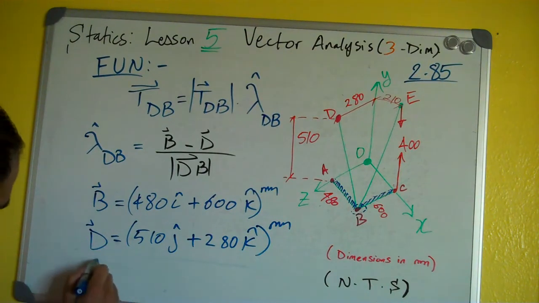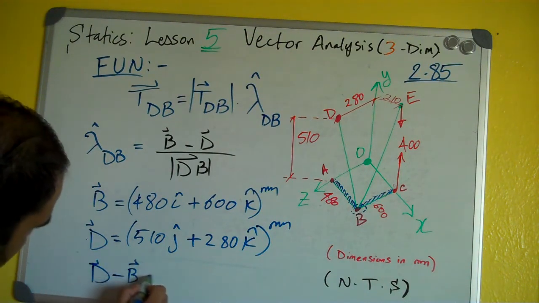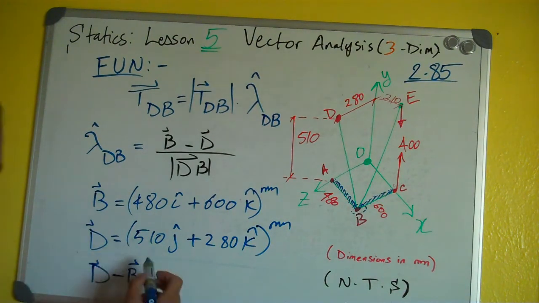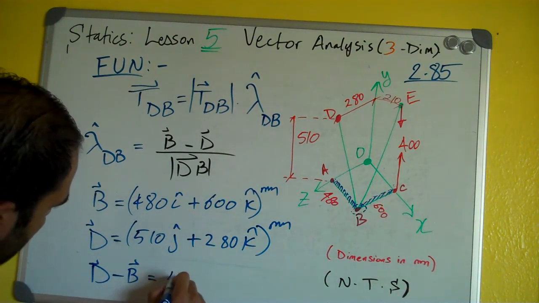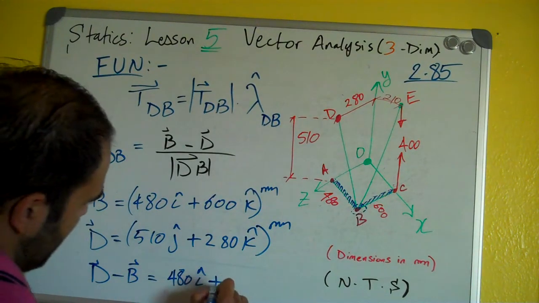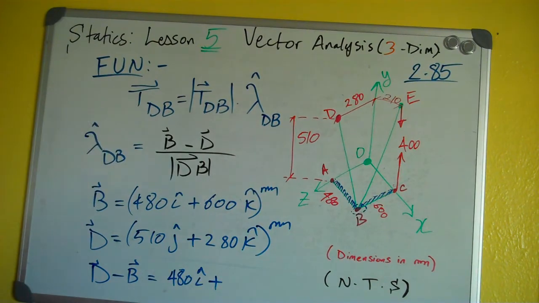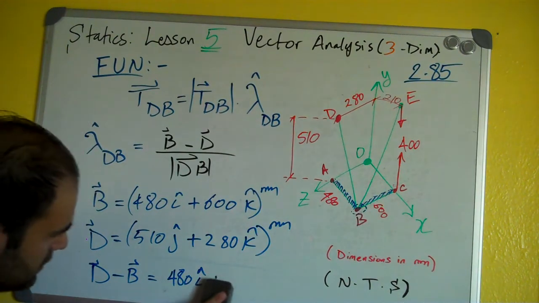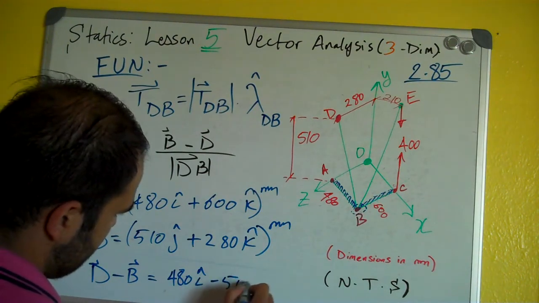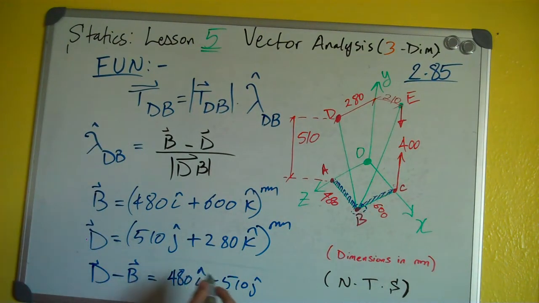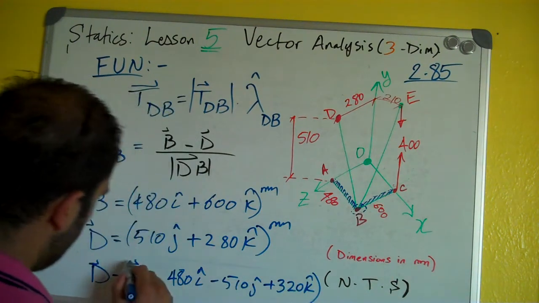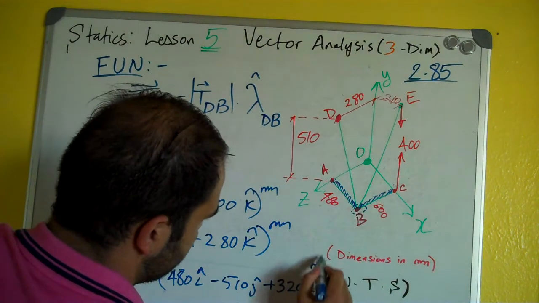So D minus B as a vector is going to be: your B is this, so 480 is going to stay. 510 is going to be minus. And 600 minus this, so that's going to be plus 320 millimeter.